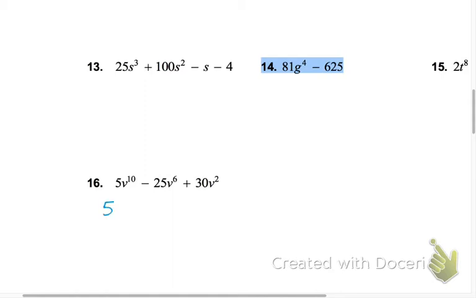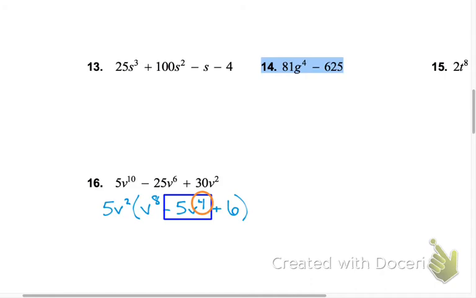Like here, I can factor out a 5v squared. So then that leaves me with v to the 8th minus 5v to the 4th plus 6. I treat everything the same way. If you have a polynomial or a trinomial, really this power is going to tell me what each parenthesis is going to have in it.